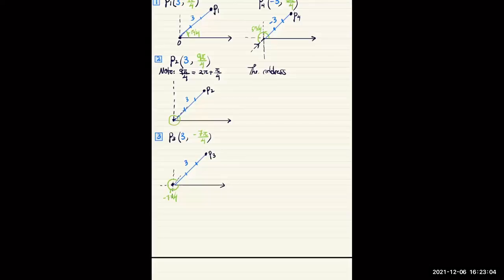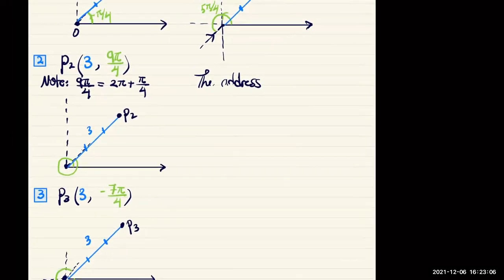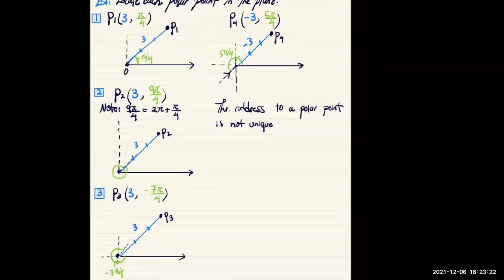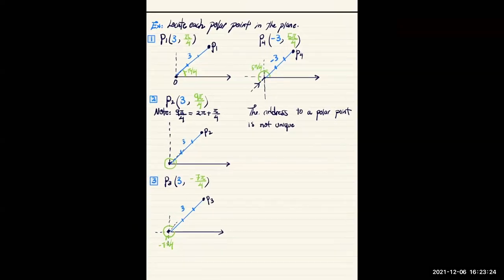Just give me 1 second. A sudden update. Okay, so the address to a polar point is not unique. Again, we saw that the same location can be addressed in many different ways.